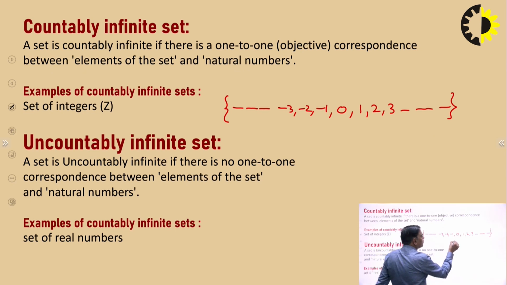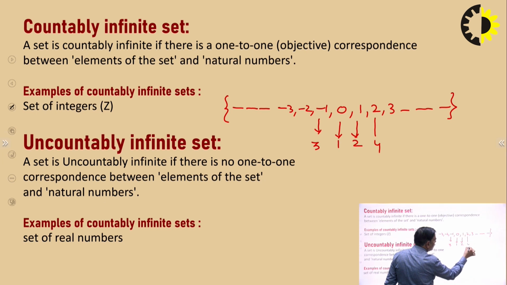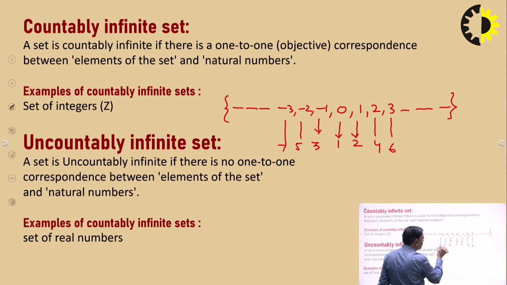So I will start from 0. I will map it with 1, and I will map 1 with 2, -1 with 3, 2 with 4, -2 with 5, 3 with 6, -3 with 7, and so on.